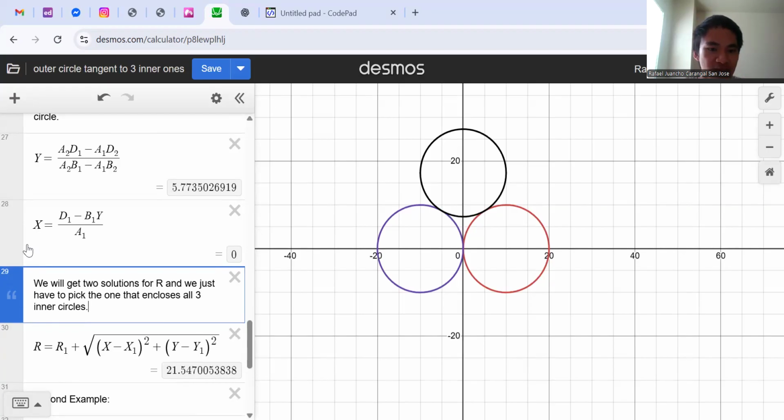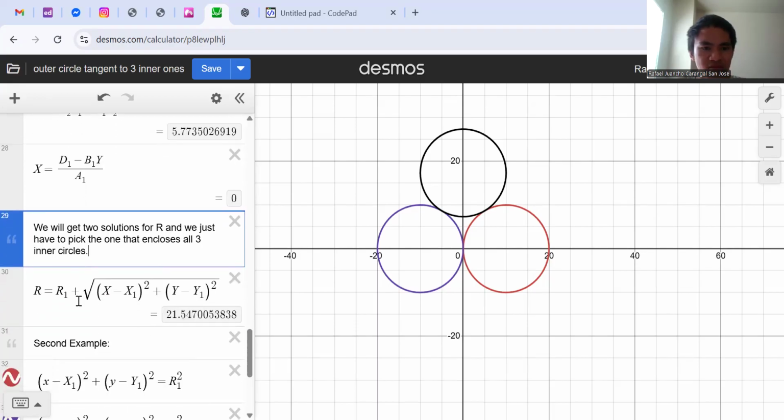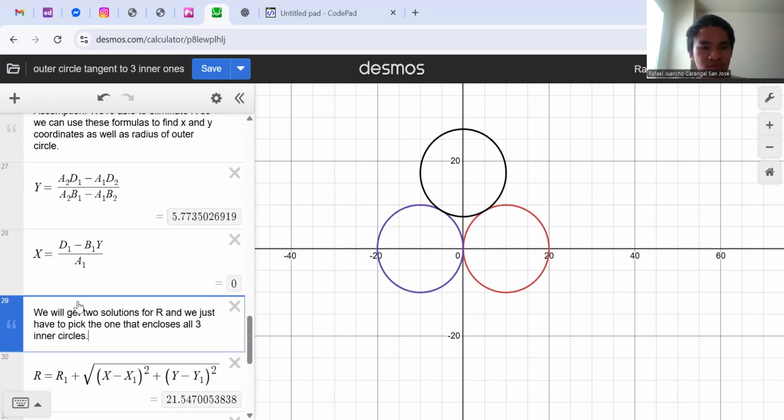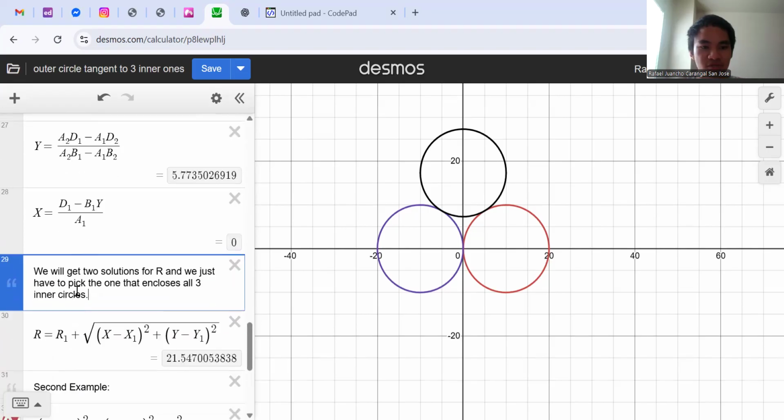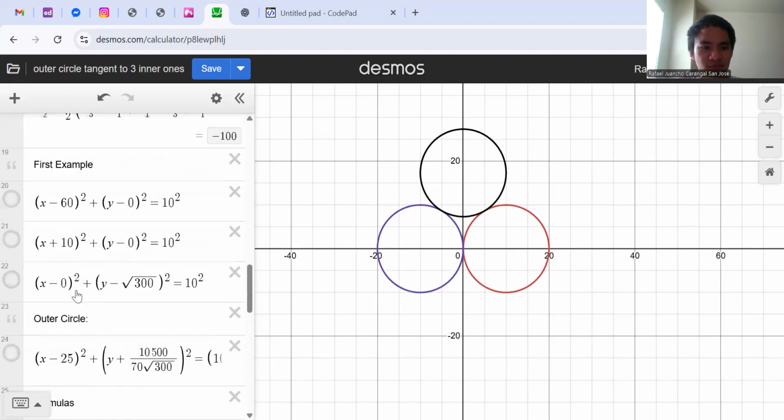So we just have to do that. Yeah. So here we do get solutions, right? Because we're able to eliminate R.